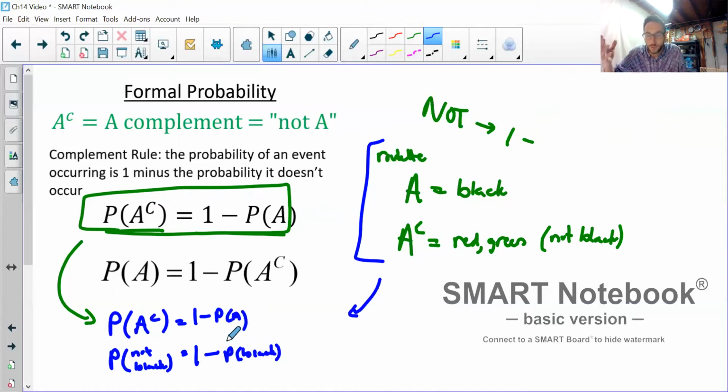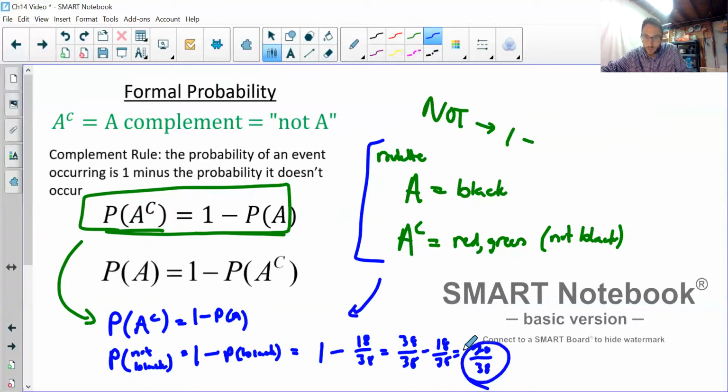Now, of course, if this were the question, you would just think there's 20 sections that are not black out of 38. But I could do 1 minus the probability of black, which is 18 out of 38. Use common denominators, so 38 out of 38 minus 18 out of 38 is 20 out of 38. Now, of course, that's overkill. That's unnecessarily complex for the probability of roulette spins not black, but that's the idea.